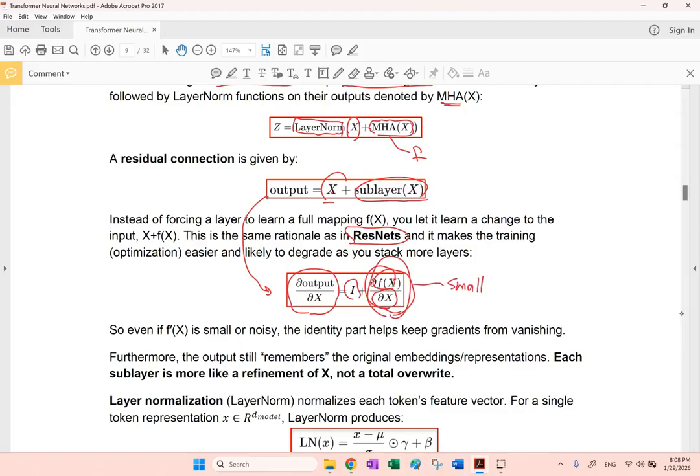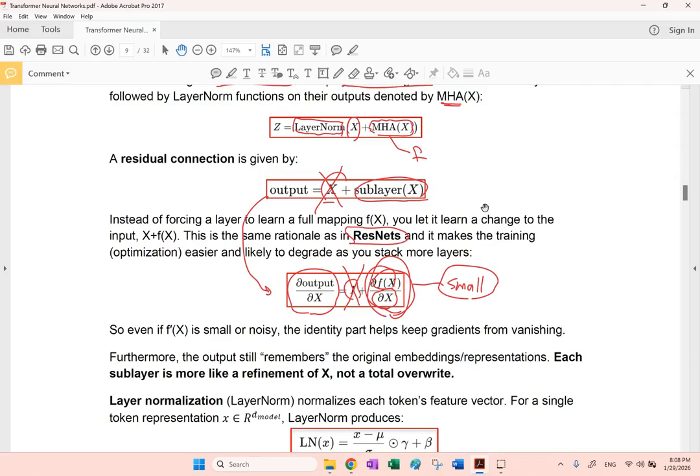And if this is small and this identity term does not exist, then this partial that you need in backpropagation is going to be a small gradient. And a small gradient always means slow or stalling backpropagation and convergence of the parameters.